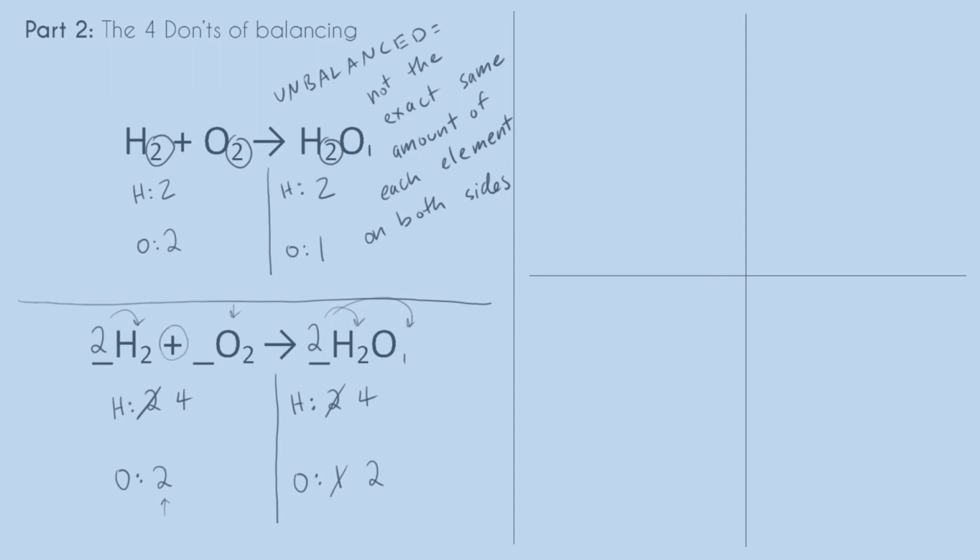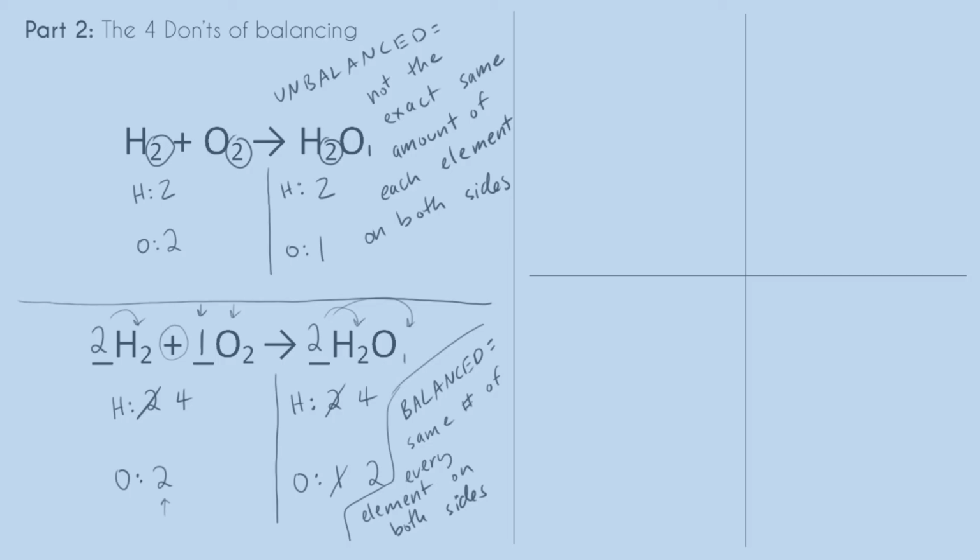We don't change that at all. And so now this is balanced. We have the same number of every element on both sides. We're allowed to either leave it like this, where there's nothing in the coefficient for O2, or you can draw in a 1, because in a lot of chemistry, if there's no number written, it just means an implied 1.